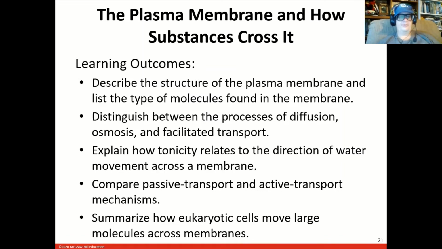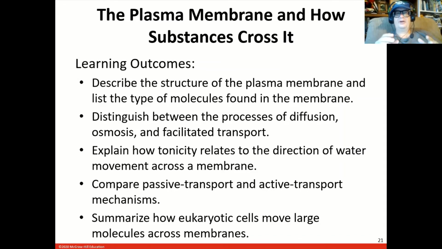Compare passive transport and active transport mechanisms. The big thing here is what's passive and what's active. Things that are passive don't require the cell to spend energy to make it happen. You're not pumping things and all that. Active transport, you're spending energy to make it happen. So that's easy.